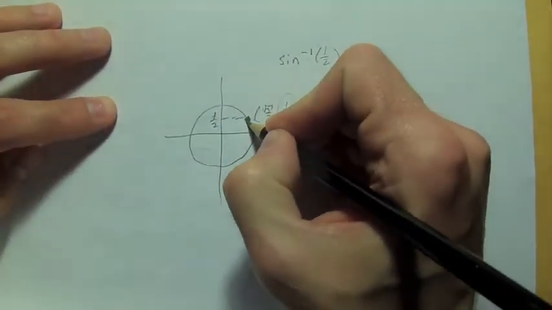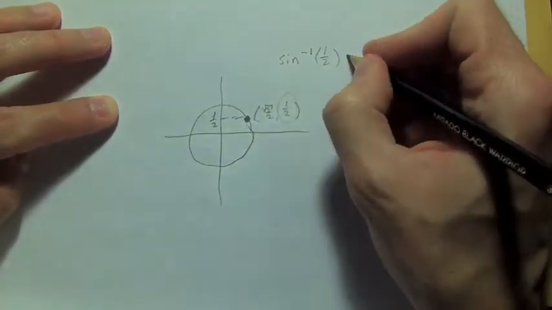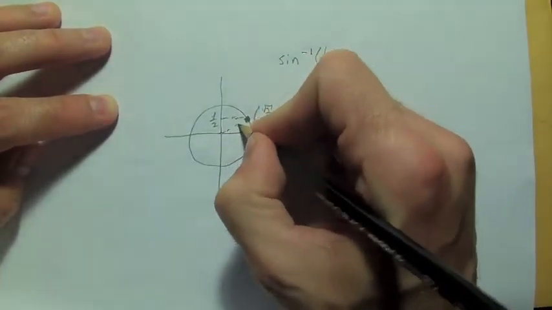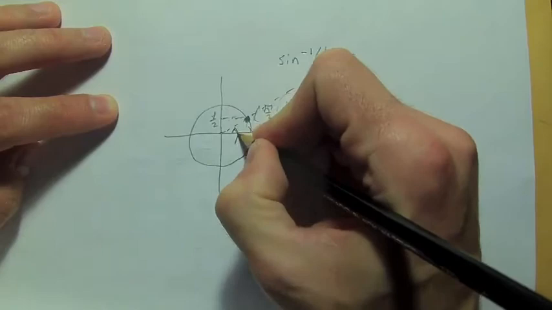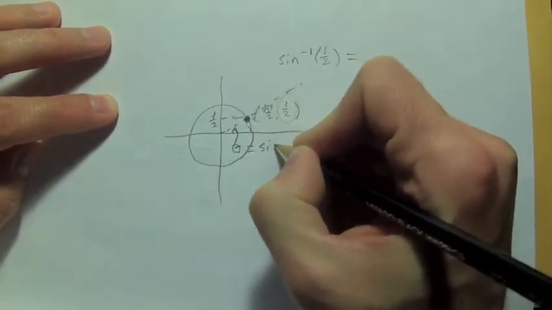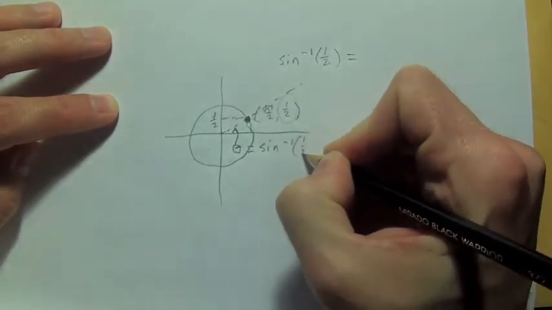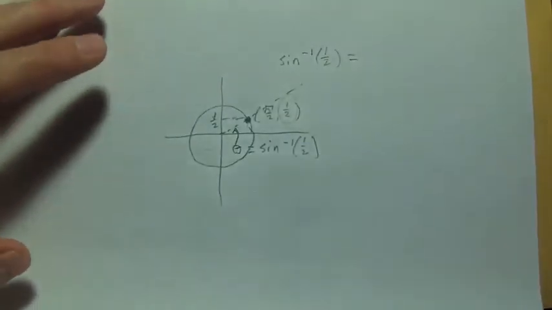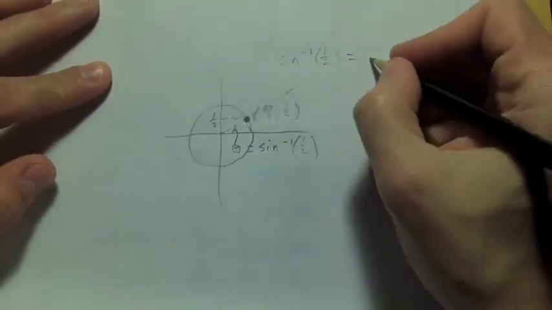So we plot the point, and then sine inverse will tell us which angle is needed. So it tells us theta.